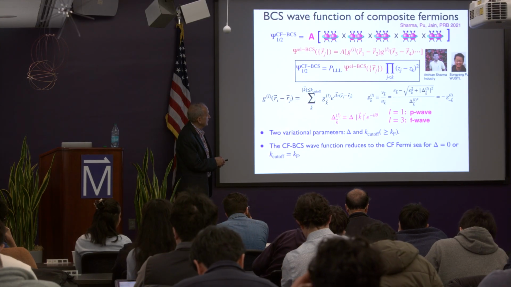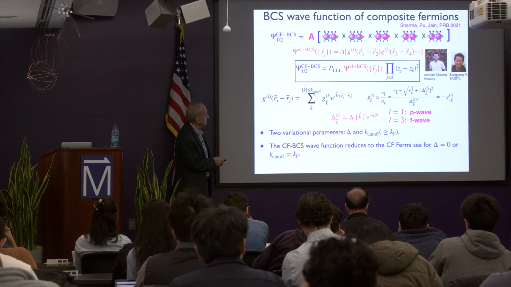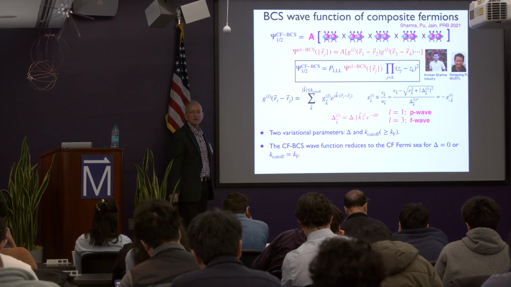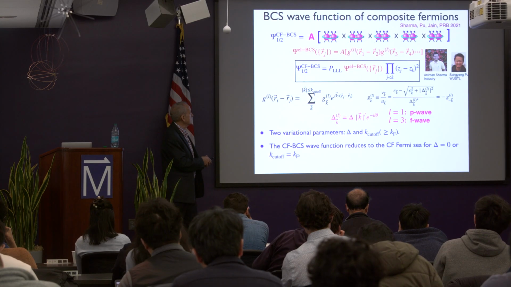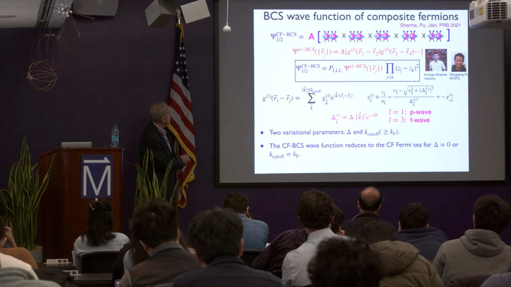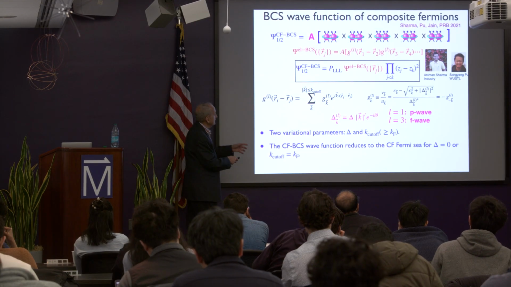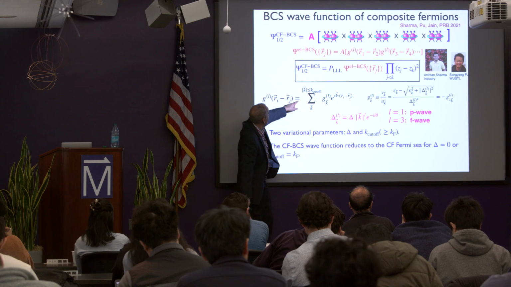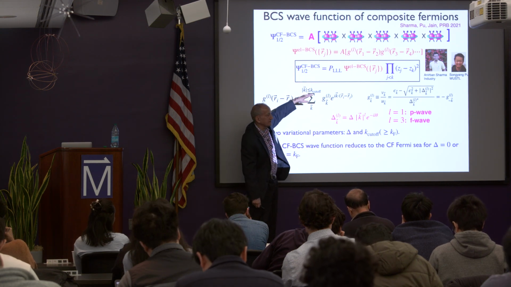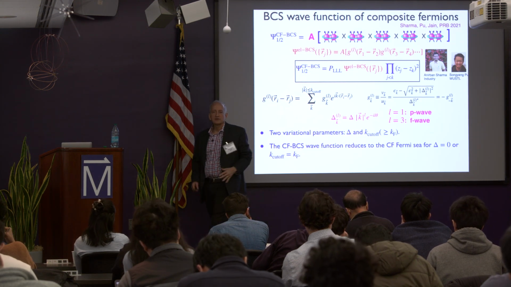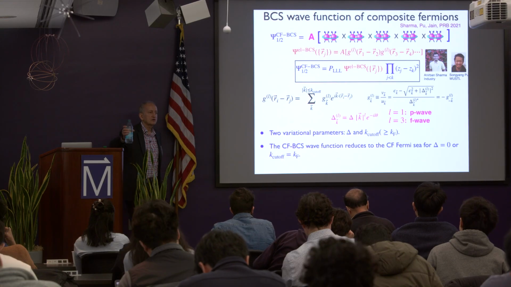If L is equal to 1, I'll call it p wave. If L is equal to 3, I'm going to call it f wave superconductivity. We are going to introduce one more parameter, which is we'll put a cutoff on the integral of k.